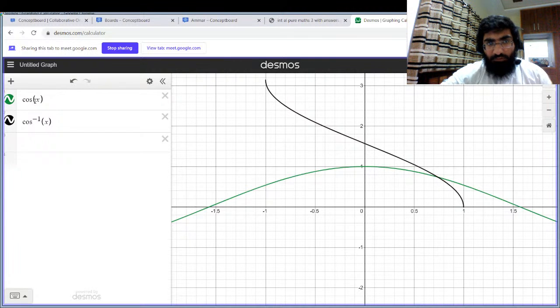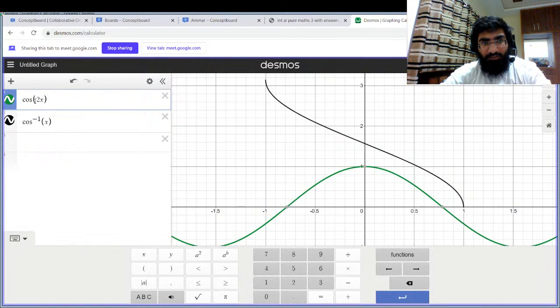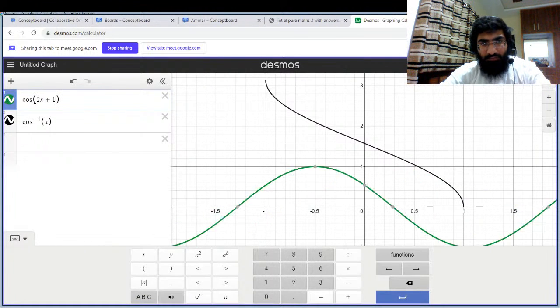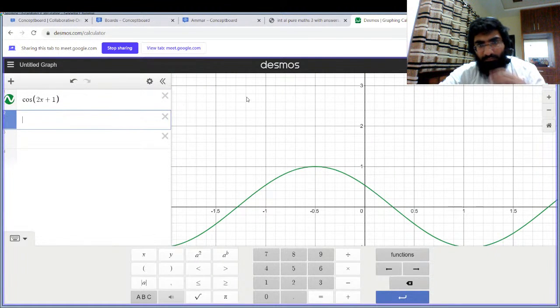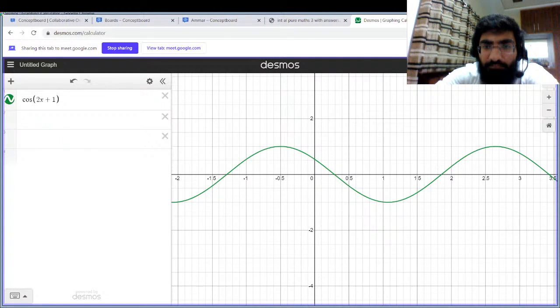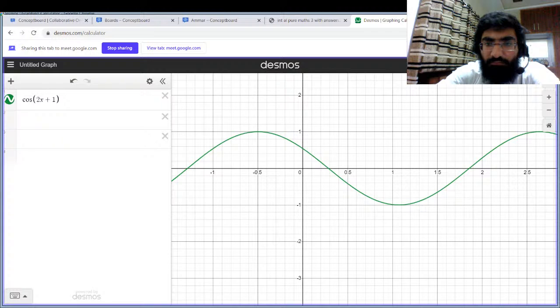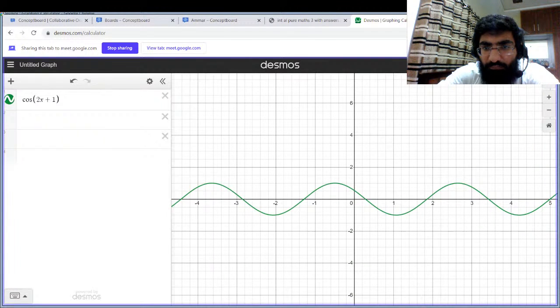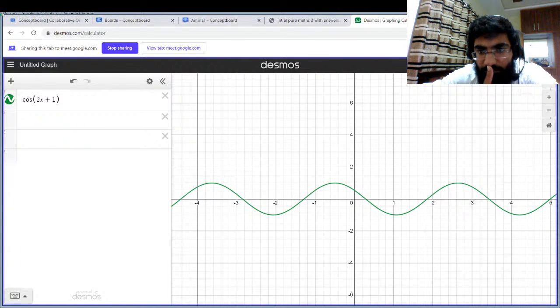So this cos inverse of 2x plus 1 would be touching the x axis at 1, not touching, above the x axis at 1.